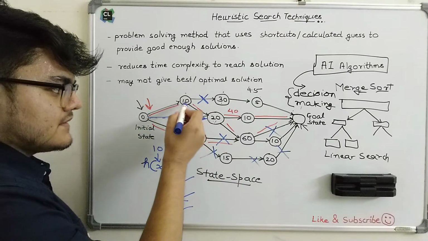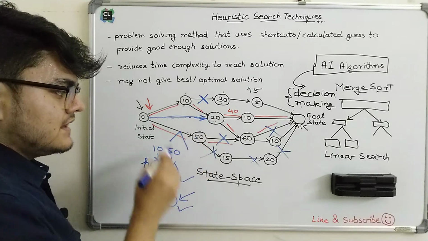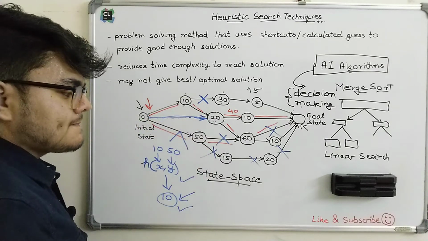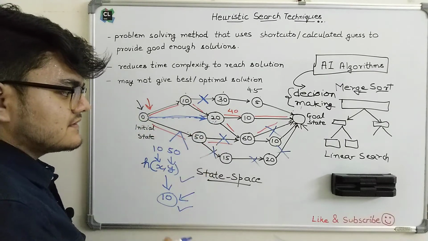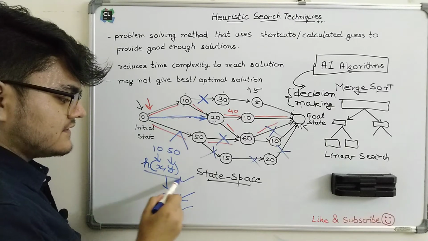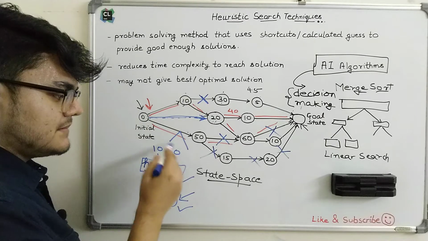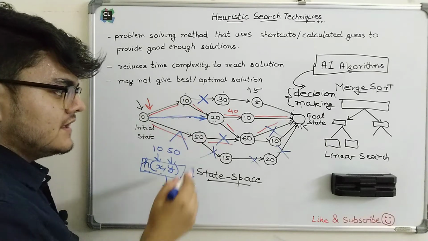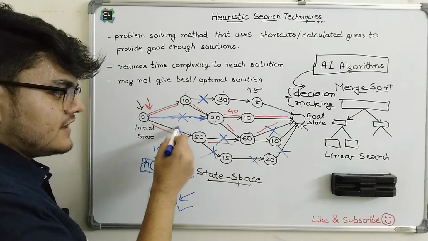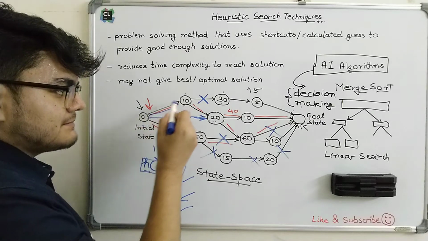Now you can see there are three states where the agent can move. Out of these three states, the agent will use the heuristic method, which we are taking as the minimum value out of all these. So it will ignore 20, it will ignore 50, and it will choose this path.